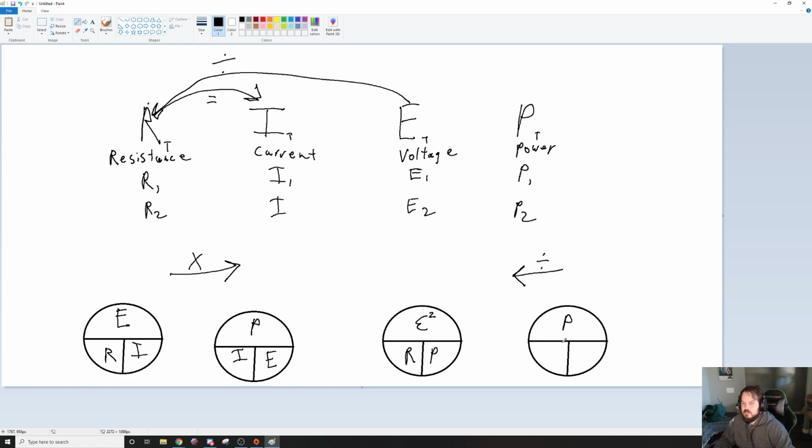And P, I, R, this one doesn't make a word. P equals I squared R. You only need to remember these two. These two are the most important.